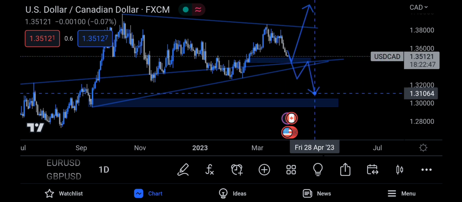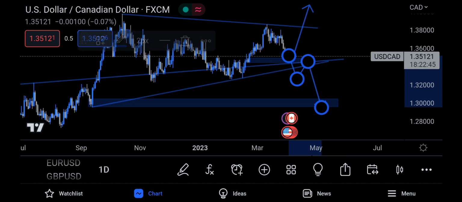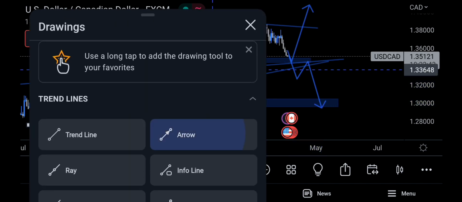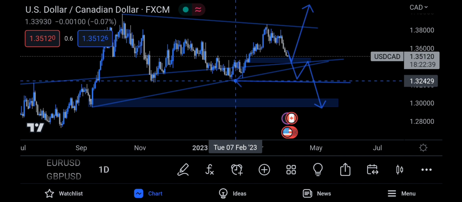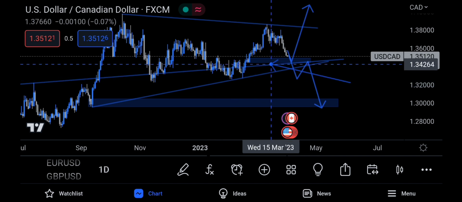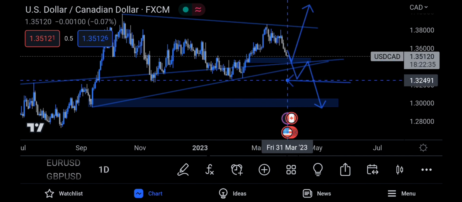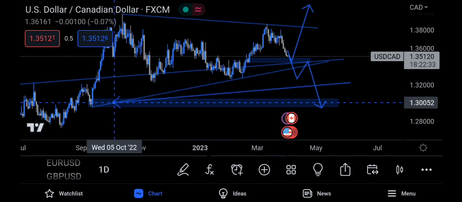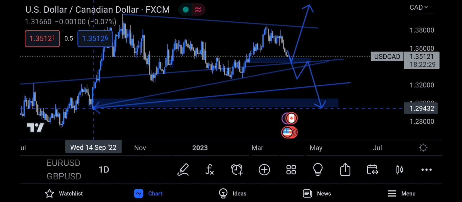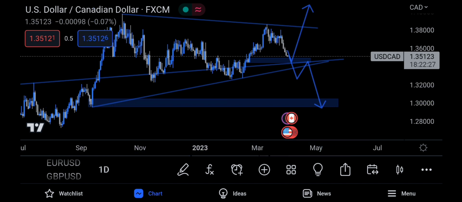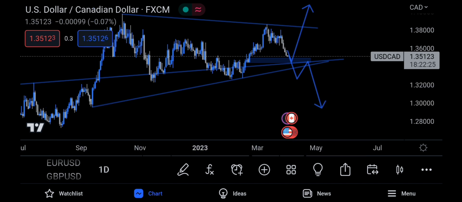However, we still have a lot of liquidity around here that might hinder the movement to the downside, because if we watch carefully, price has established an ascending support trend line.